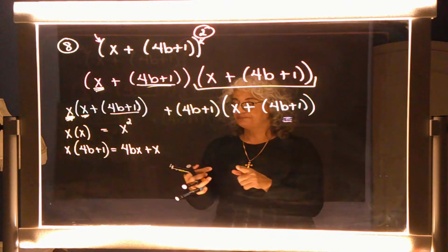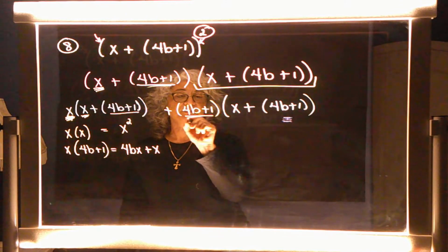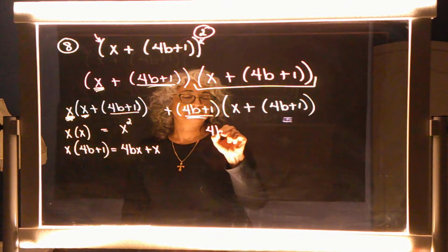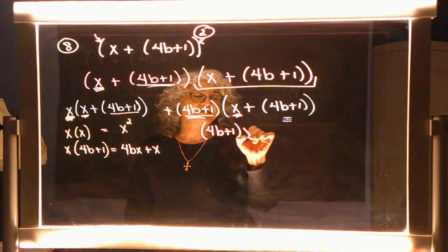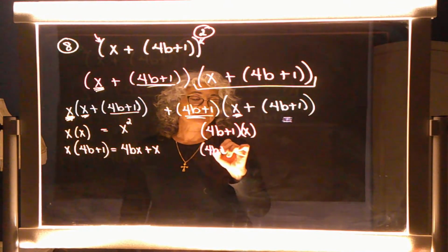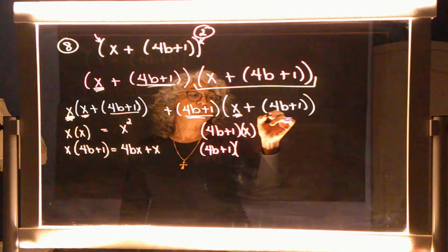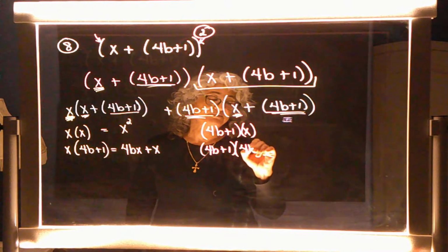And now, I have got this 4b plus 1 on the outside, and I'm going to have to multiply to the first term, which is x, but I'm going to have to also take that 4b plus 1 on the outside and multiply it by the smaller parenthesis on the inside. Agreed?